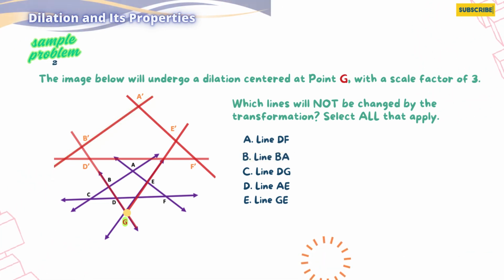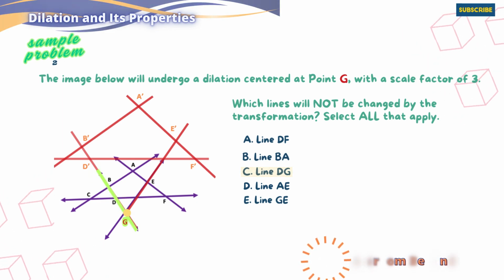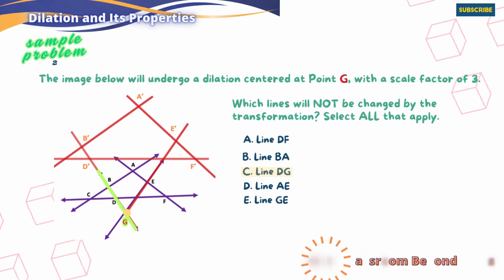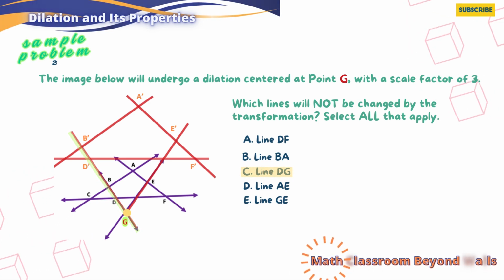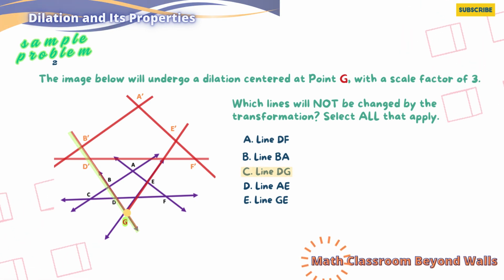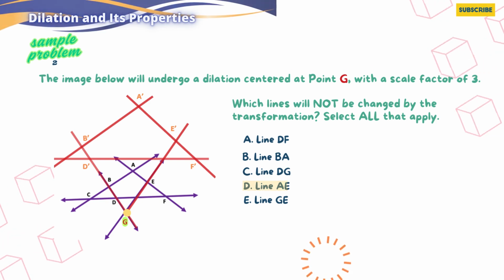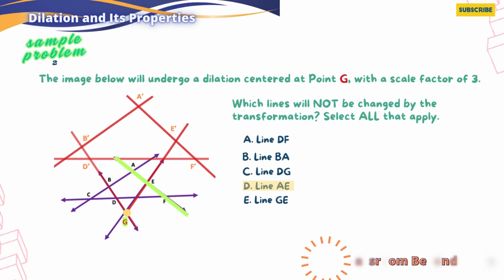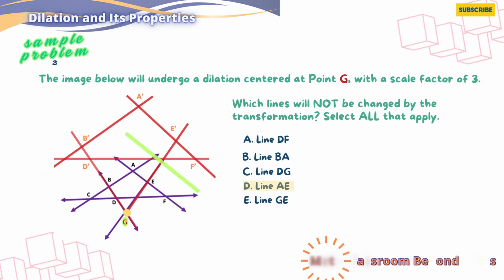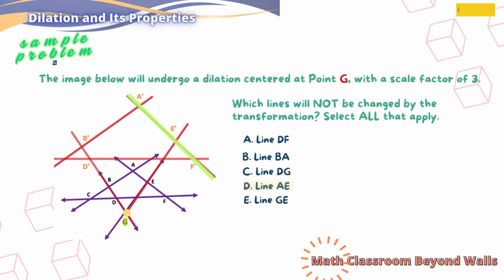Is it line DG? Let us locate line DG. Look at these, learners. Line DG is still the same line. So yes, line DG did not change. Now is it line AE? Let us locate line AE. AE is changed to A'E', so no, the line is changed.